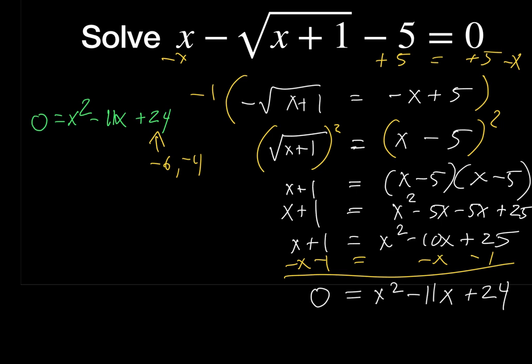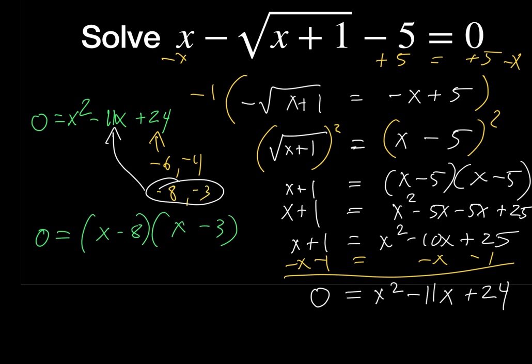What else multiplies to 24? Negative 8 and negative 3. Do they add to negative 11? Yes, they do. My factoring will be 0 equals x minus 8, x minus 3.